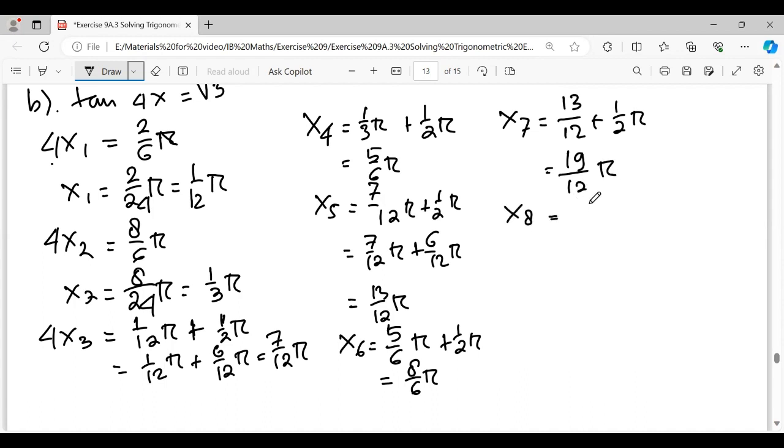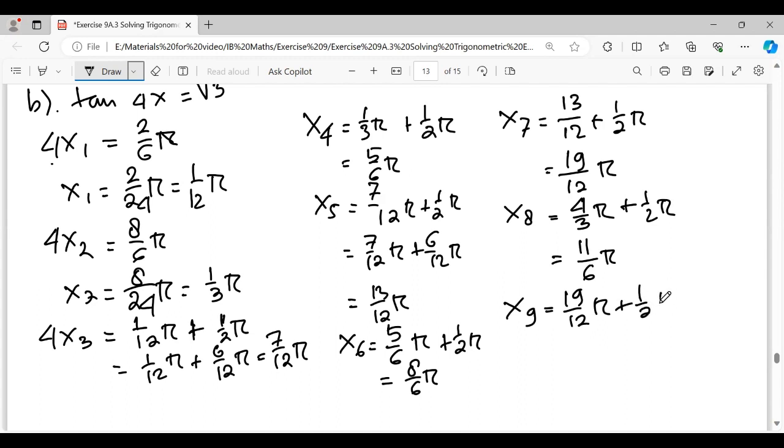X8, 4/3 pi, this one, plus half pi. This is 11 over 6 pi. X9, 19 over 12 pi plus half pi.